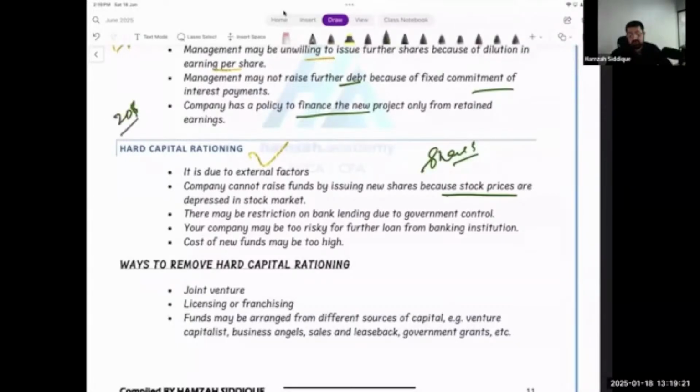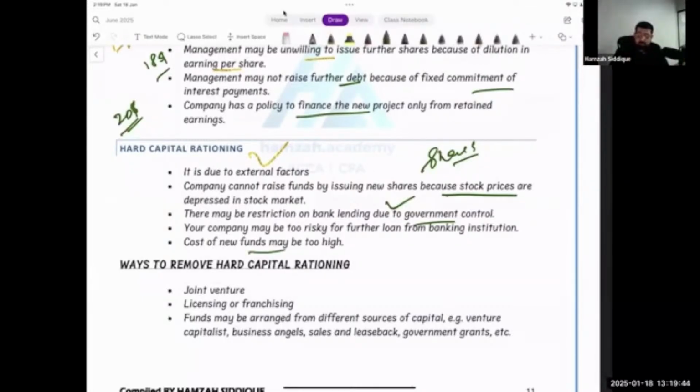Investors value it at $18. So we don't want to issue shares. The market is not giving us our true worth. Next, banks are not lending, government stopped them. Cost of new funds is too high, with higher interest rates.